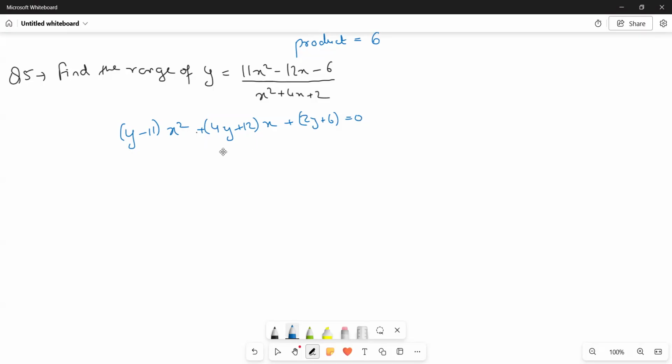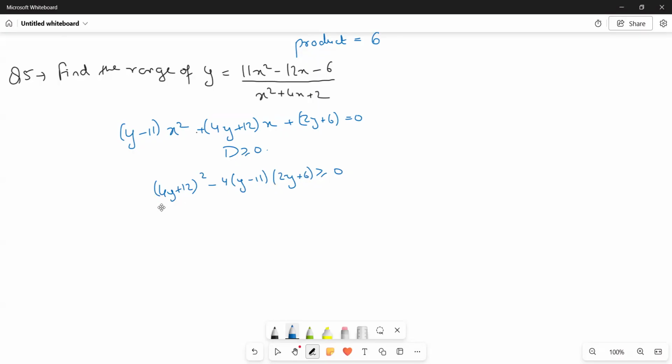And now for all valid y, we apply D greater than or equal to 0. So (4y plus 12) whole square minus 4 times (y minus 11) into (2y plus 6) is greater than or equal to 0.